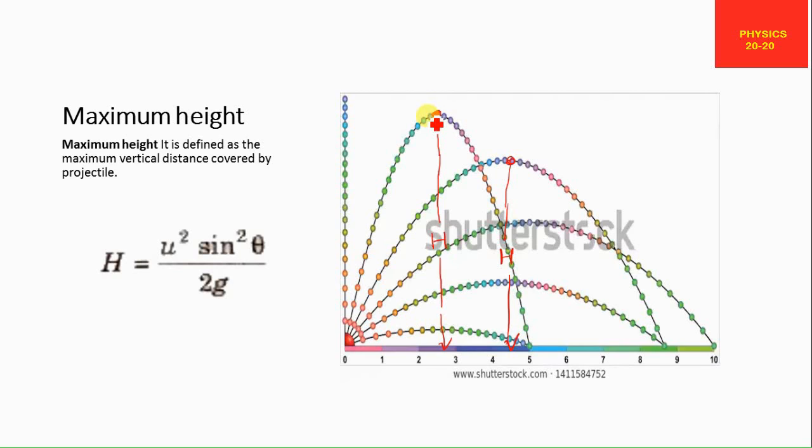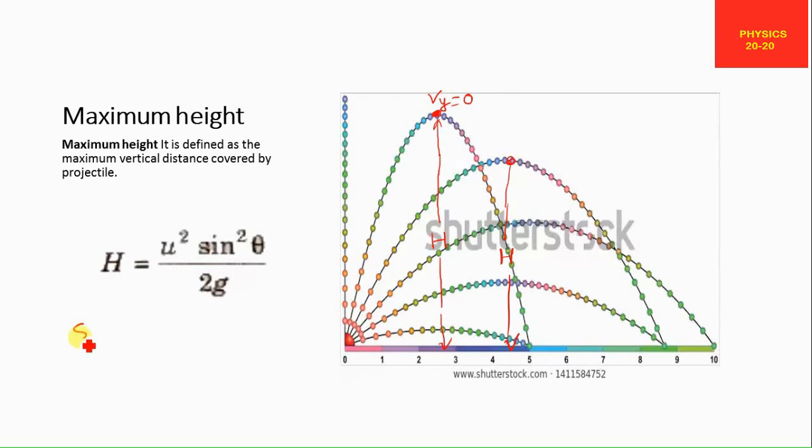Okay, so the maximum height is to be found with the help of kinematics relations. So what are those kinematics relations? In this particular case, the velocity Vy is equal to 0.